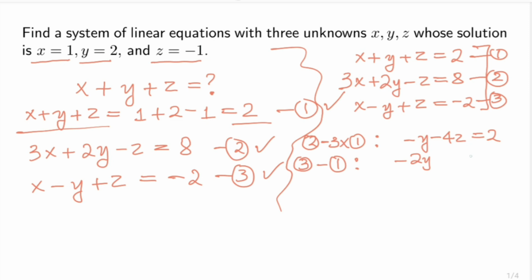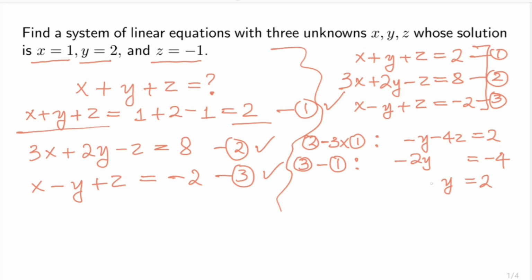And then on the right side, we have minus 2 minus 2, that's minus 4. So we have minus 2y equals minus 4. What does that mean? It means that y equals 2. So by eliminating x from equation 3, we are left with y equals 2.